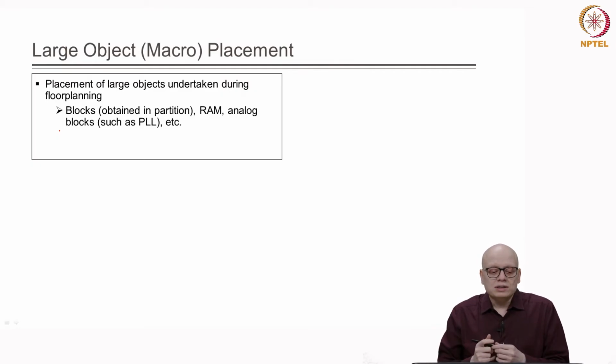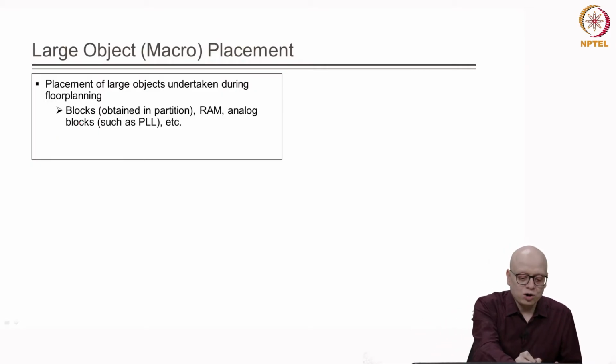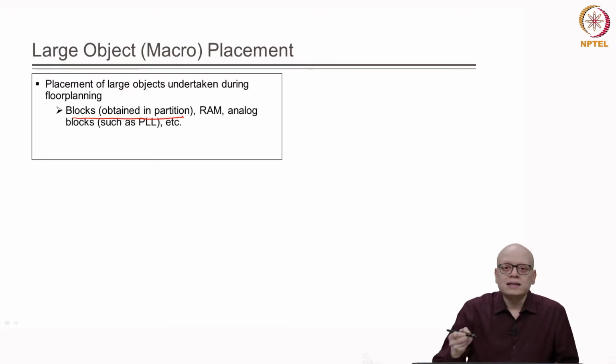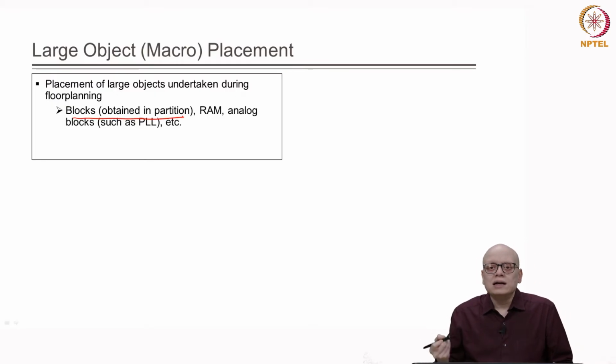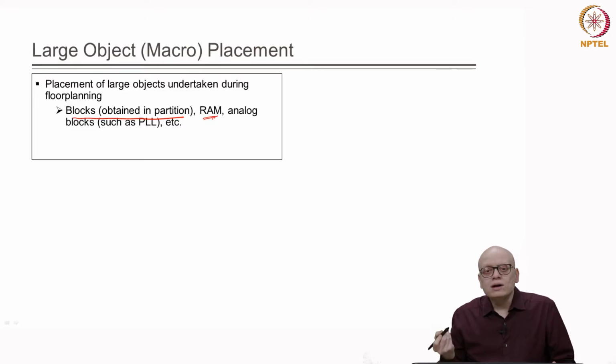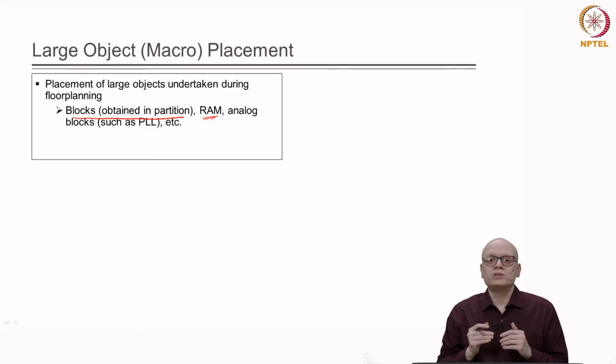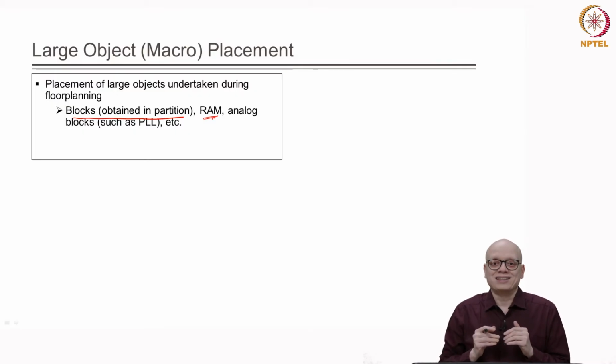At the top level those will be large objects that need to be placed over the layout. Then there can be some other circuit elements, for example, RAM, ROM or analog components or large clock buffers and so on. These are large objects which need to be placed on the layout, so we undertake the placement of those objects during the floor planning stage.